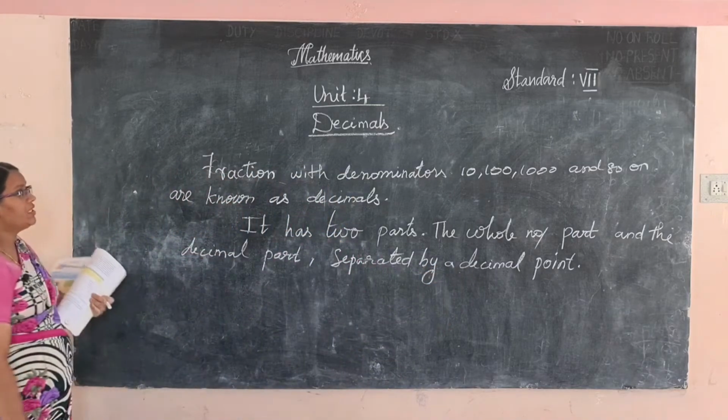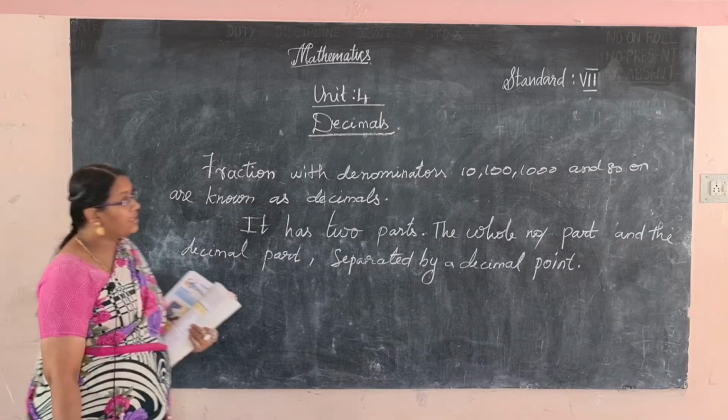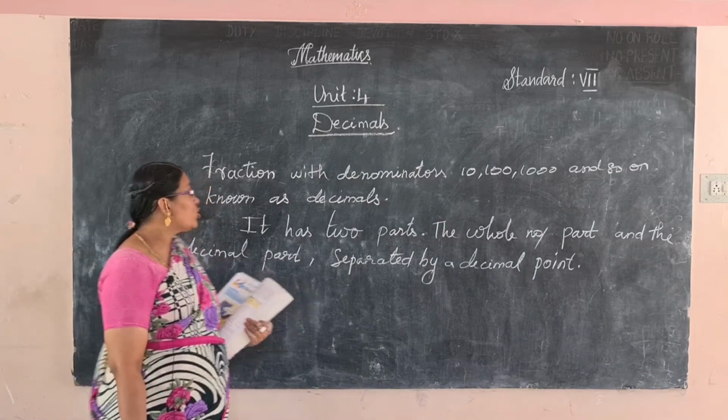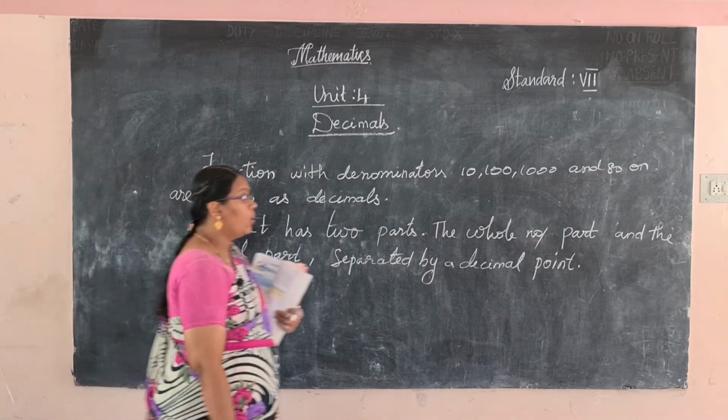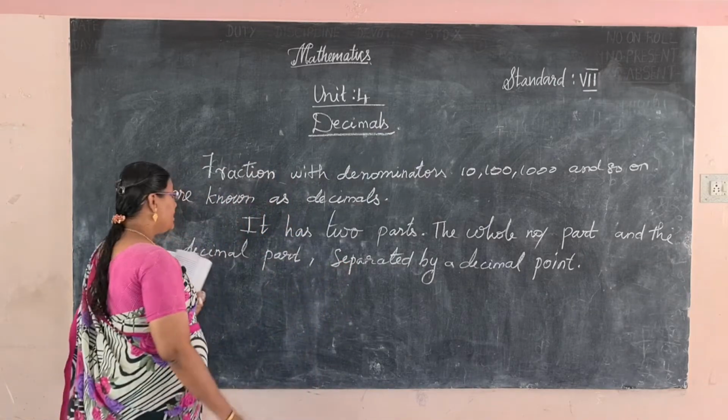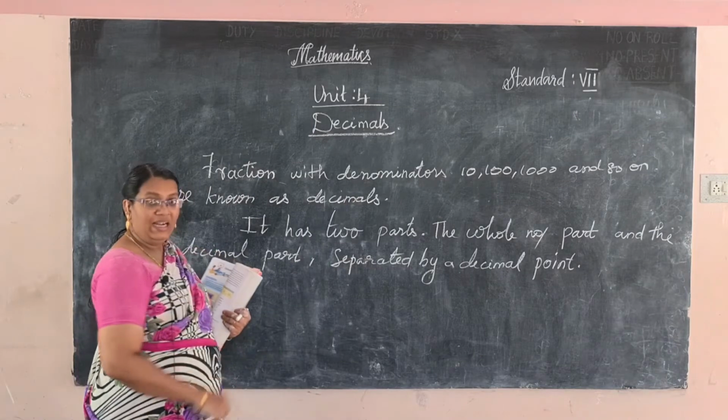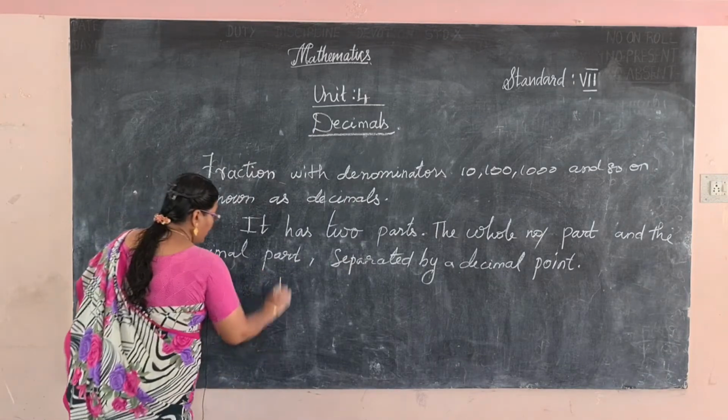So what is the definition of decimal? A fraction with the denominator a power of ten and so on is known as a decimal. It has two parts, the whole number part and the decimal part, separated by a decimal point.